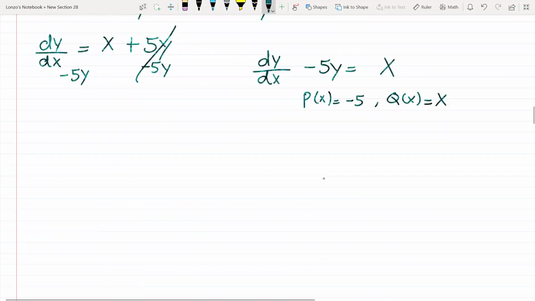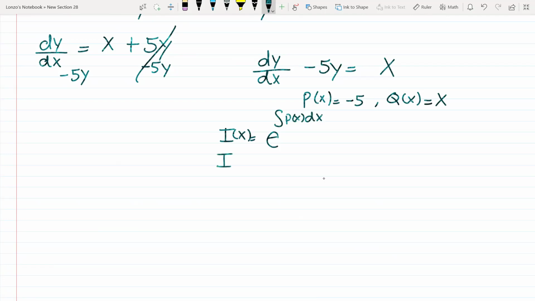So let's do that. p of x is -5, and then you have a dx.